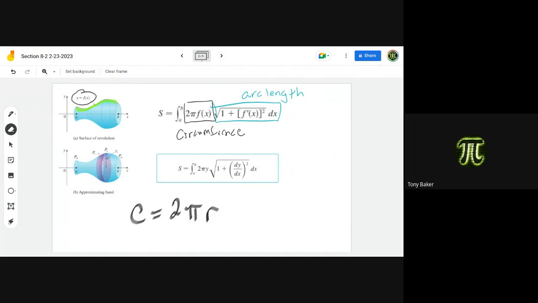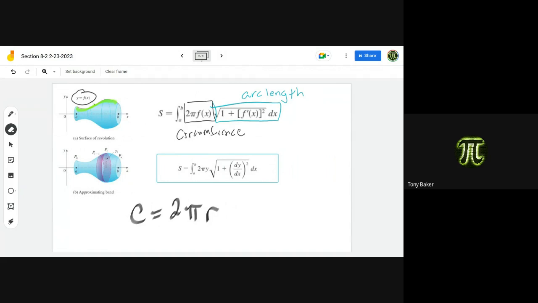If we're going to rotate it, all we really need is the circumference. Circumference is 2 pi r, 2 pi times the radius. So when we're rotating it, we need the arc length and we need the radius. The 2 pi is just going to stay there. Your radius is just going to be your function, depending on how it's solved and where it's rotated.